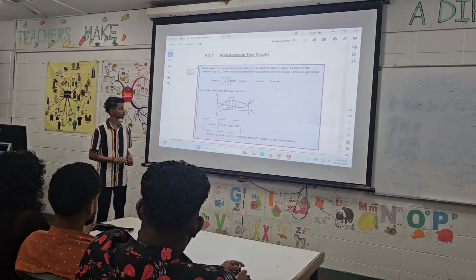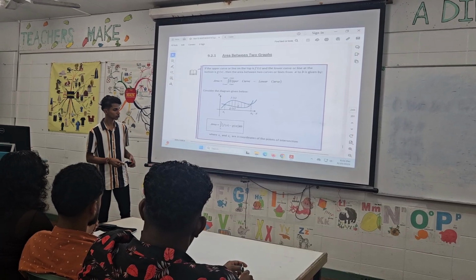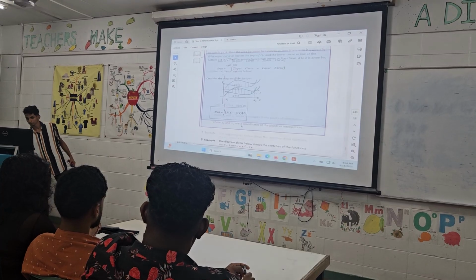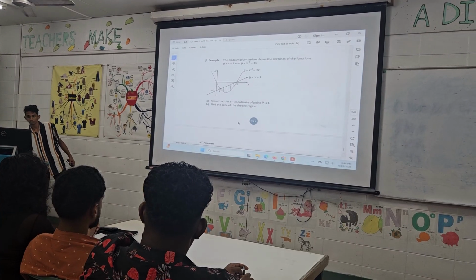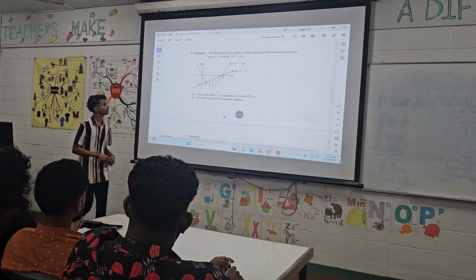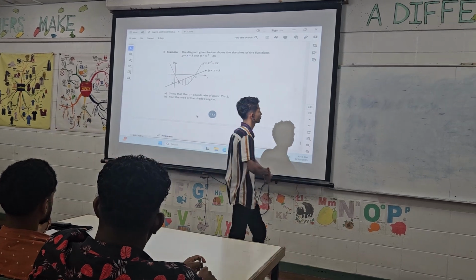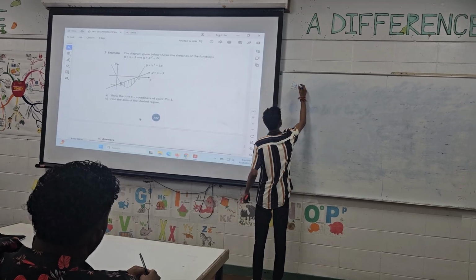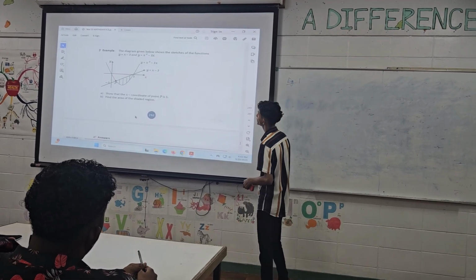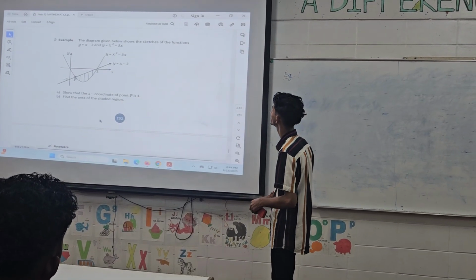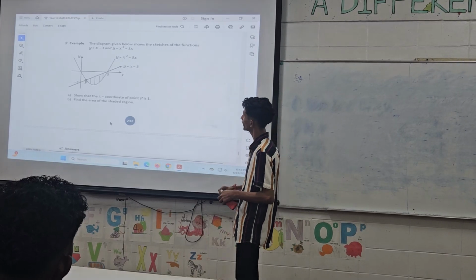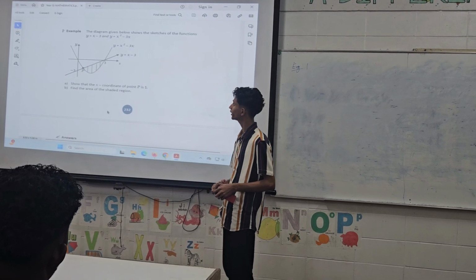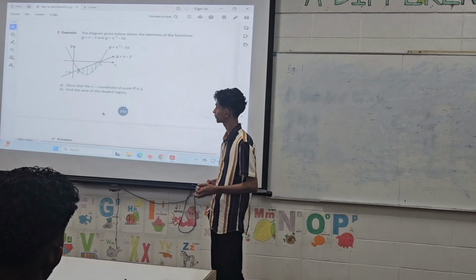To give you more examples, I will discuss one example on the board so you will understand the concept better. This will be example 1. It says the diagram given below shows the sketches of the functions y equals x minus 3 and y equals x squared minus 3x.